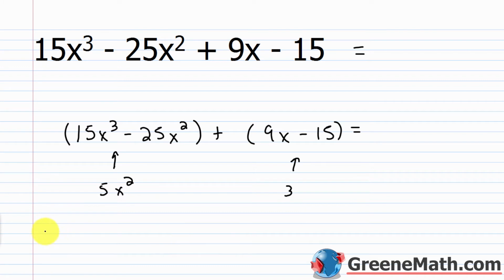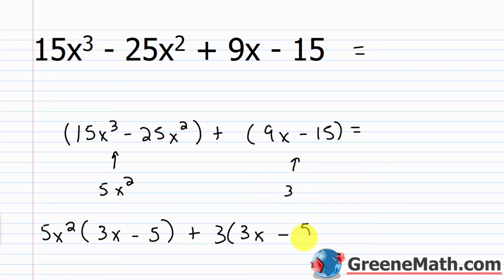If I pulled out a 5x squared from here, what would I have left inside? 15x cubed divided by 5x squared would be 3x. Then I have the minus. 25x squared over 5x squared is 5. And then plus, if I pulled a 3 out from here, 9x divided by 3 would be 3x. Then minus 15 divided by 3 would be 5.